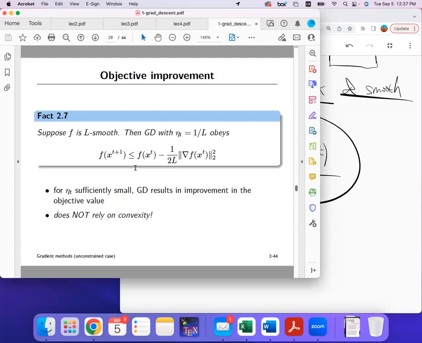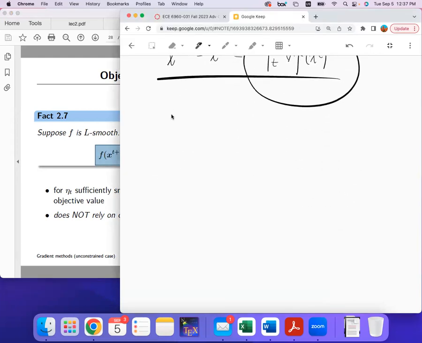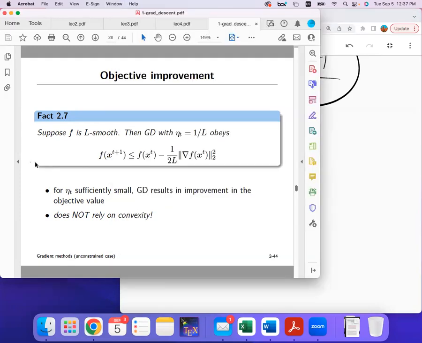This inequality says that the function value at the next step is less than the function value at the previous step minus some positive terms. So this implies that f(x_t) is a decreasing sequence, which is desired because we want to do minimization, right? We want to minimize the function value. So it is desired that the function value is going down.